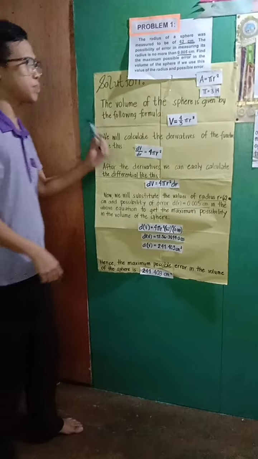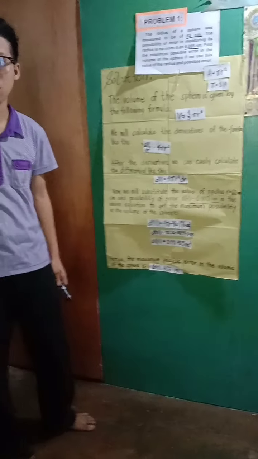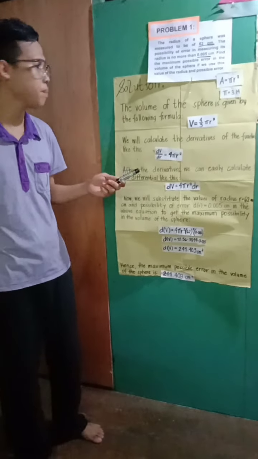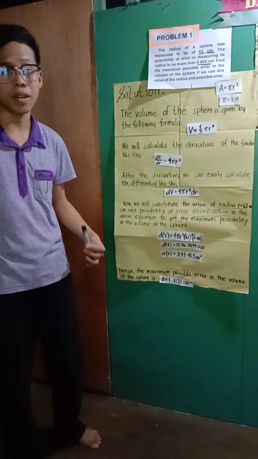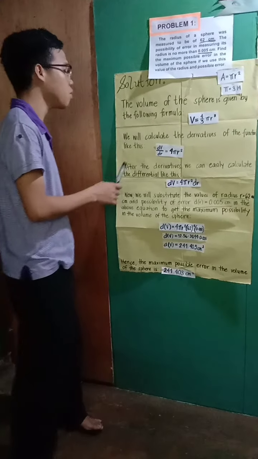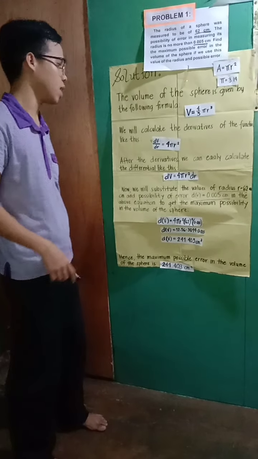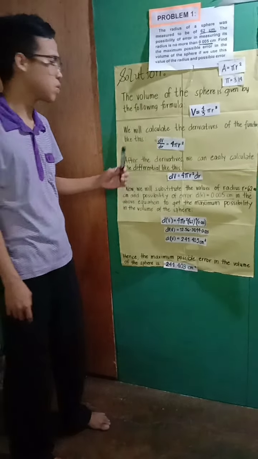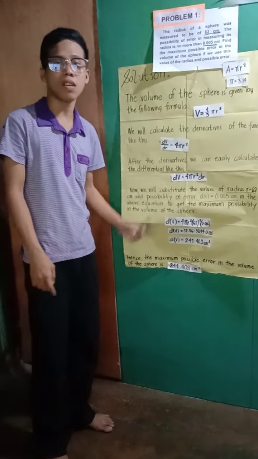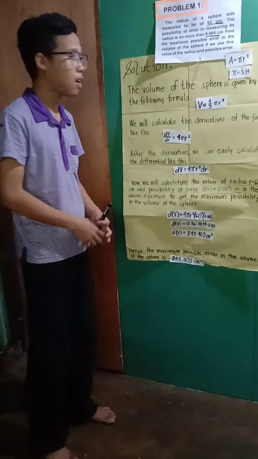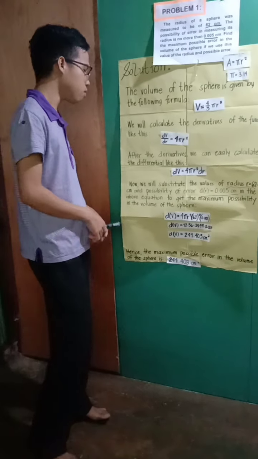The volume of the sphere is given by the following formula: the volume V equals 4 divided by 3 pi r cubed. So we will calculate the derivative of the function like this. The derivative of volume with respect to radius is equal to 4 pi r squared.